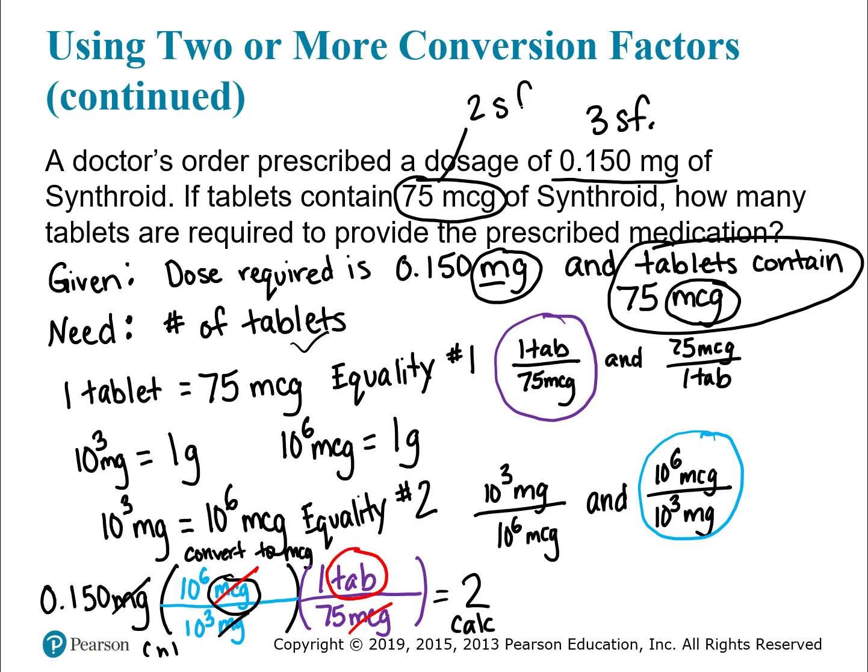That has 2 sig figs. So our answer needs to have 2 sig figs. So we have to add a 0. 2.0 tablets. That's using 2 conversion factors to convert from one unit to another. We'll do more examples of this in class as well.